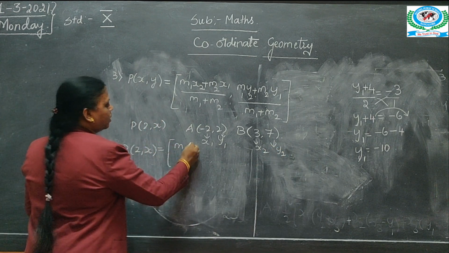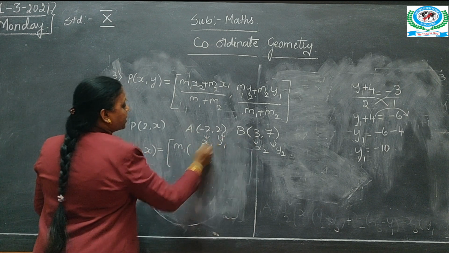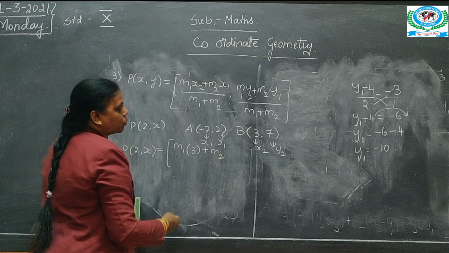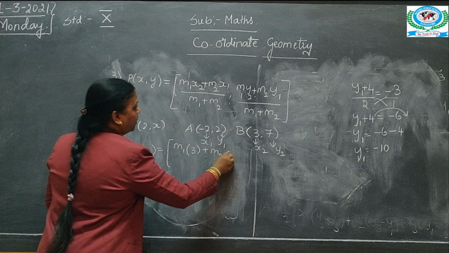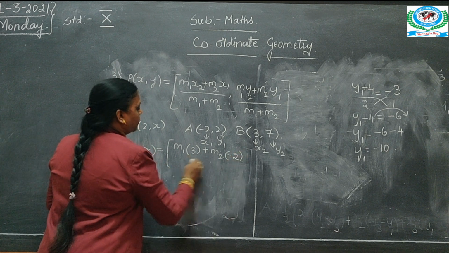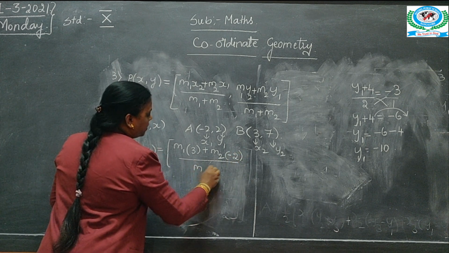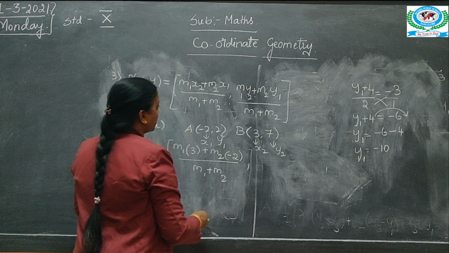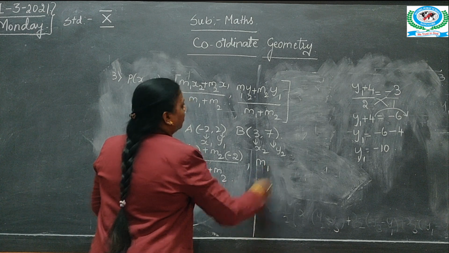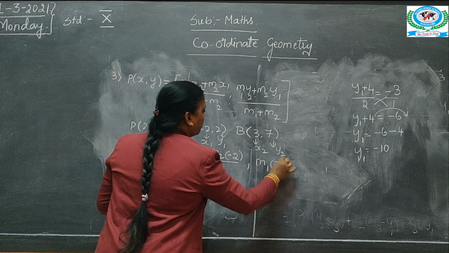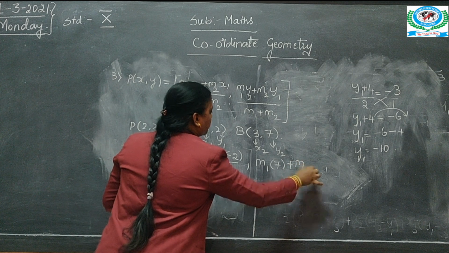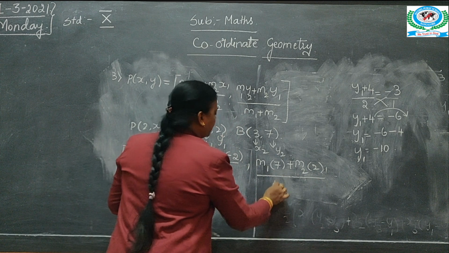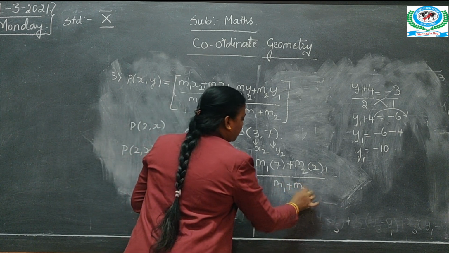So m1 into x2, x2 value is 3, plus m2 into x1, so x1 is minus 2, divided by m1 plus m2, comma, m1 into y2 plus m2 into y1 divided by m1 plus m2.